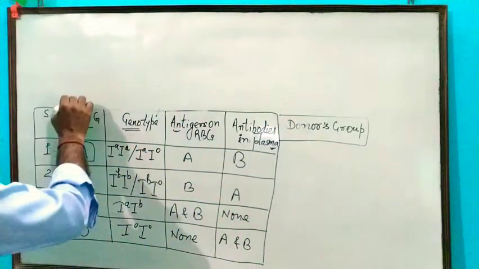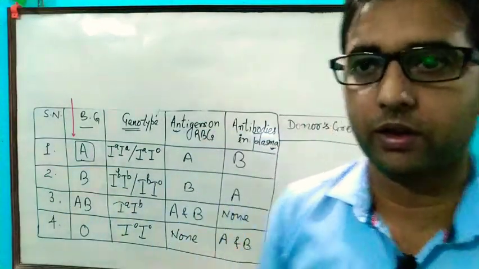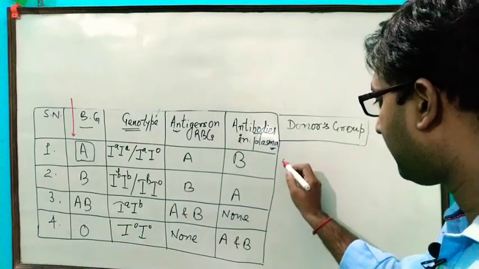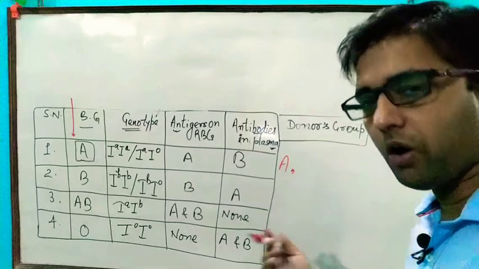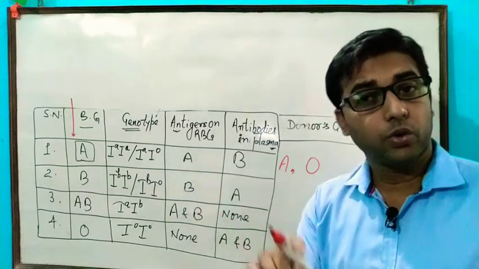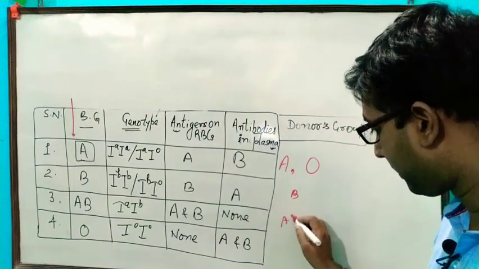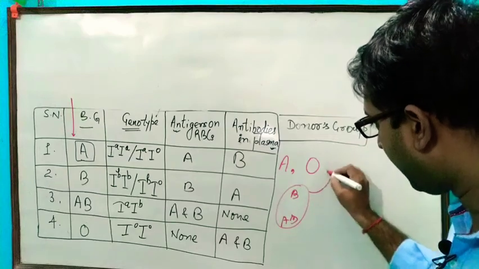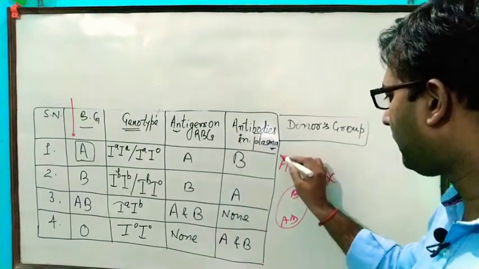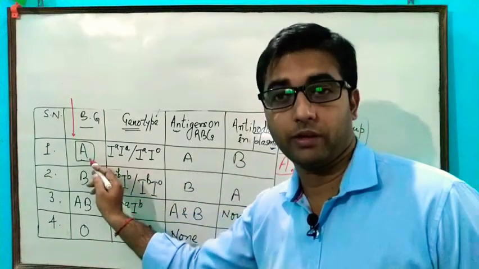If the patient has blood group A, the donor will be A, or it may be O, but the donor is never B and AB. The donors are never B and AB, never. Only A and O are the donors for blood group A.